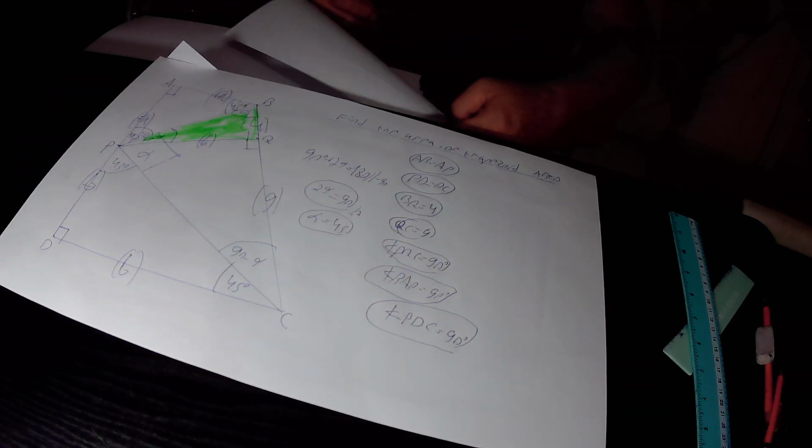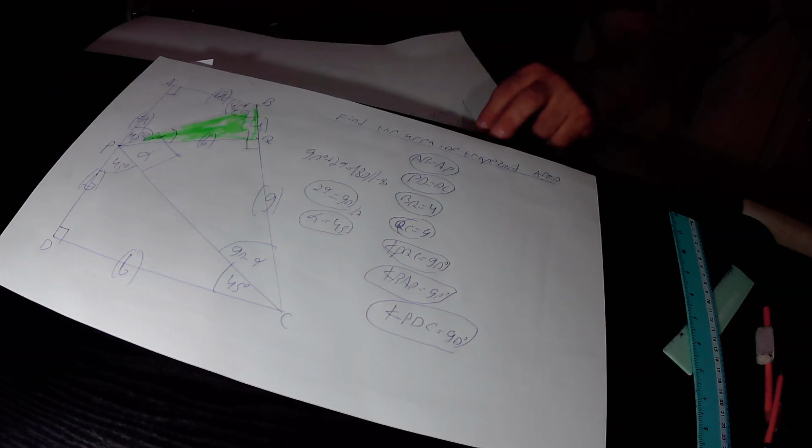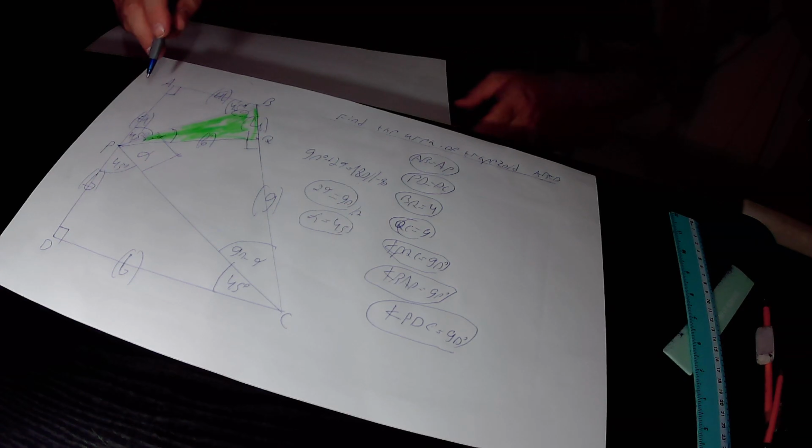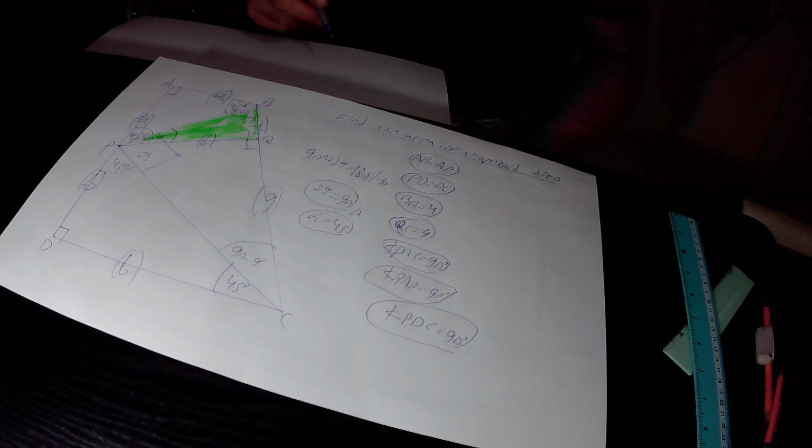So first of all, what is the area of this right triangle ABP? That is the first component of trapezoid ABCD. The area of this triangle ABP will be equal to the base of the triangle times the height over 2.